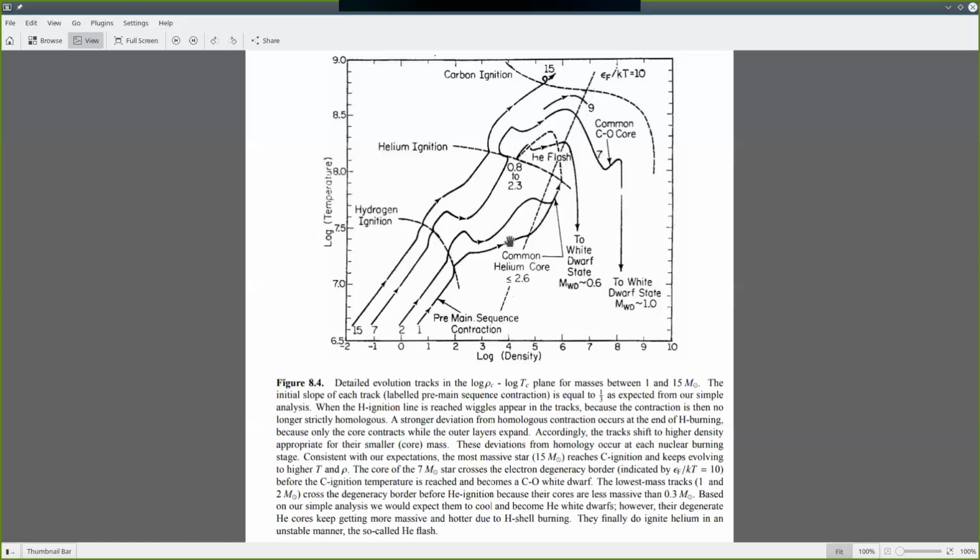We just mentioned the core will receive mass from the shell, so there is this deviation from the ideal, and you can manage to burn other elements, even if theoretically at the beginning it should not.